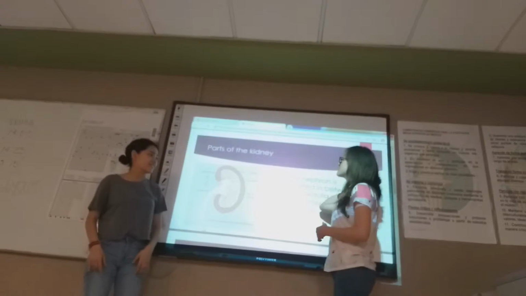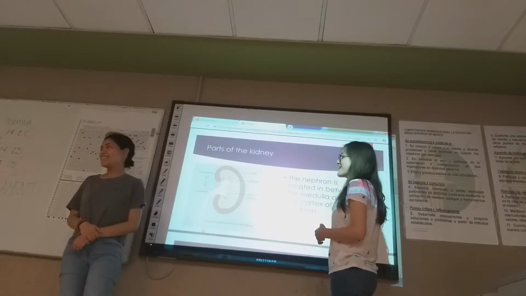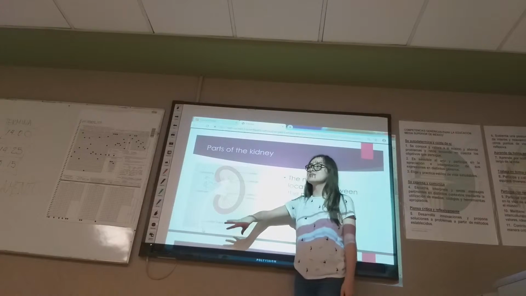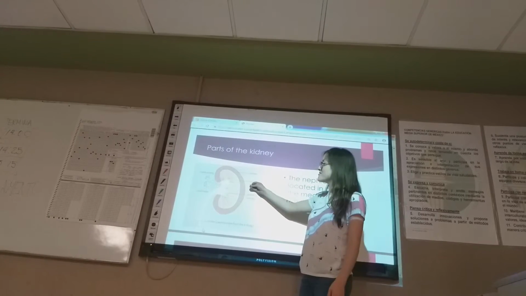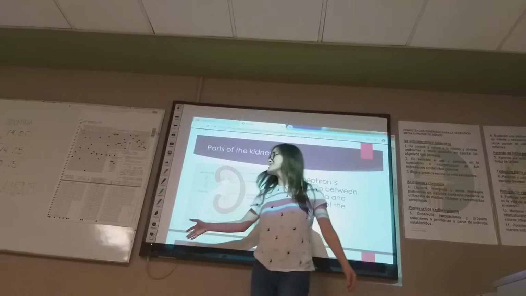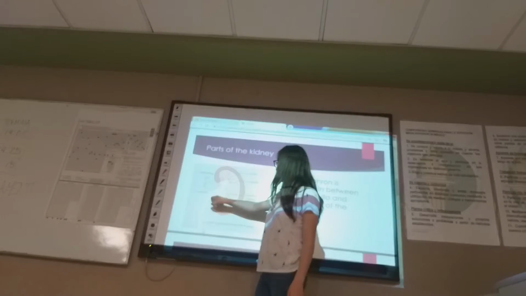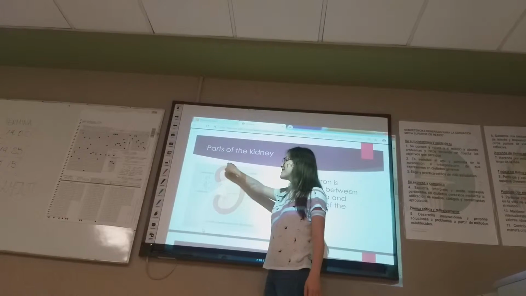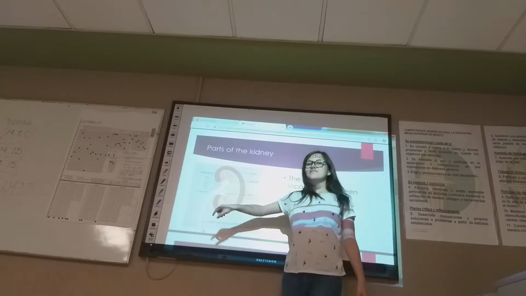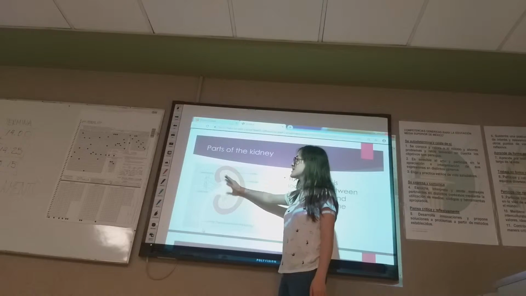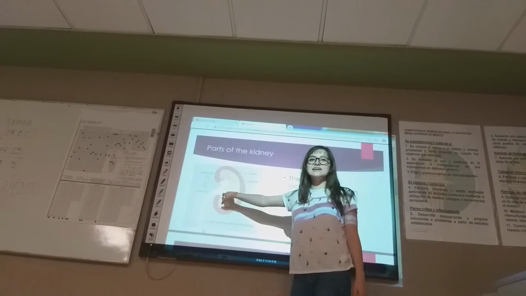If you can recall, the kidney is an essential organ to our system to help us get rid of waste. Okay, here is the cortex, the outer shell of the kidney. Then we can see the medulla, the inner part of the kidney.